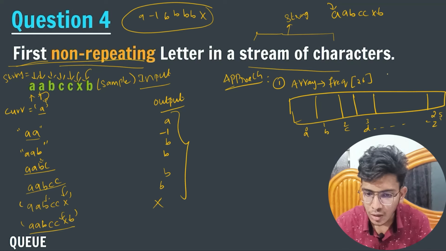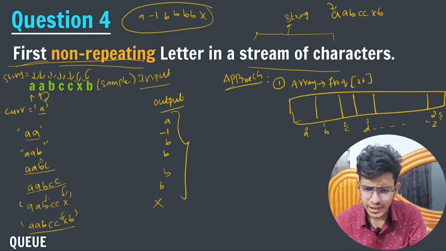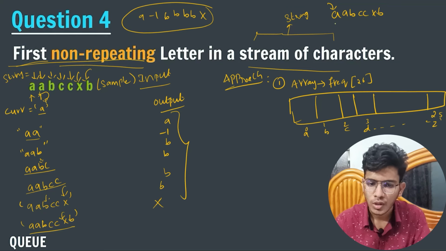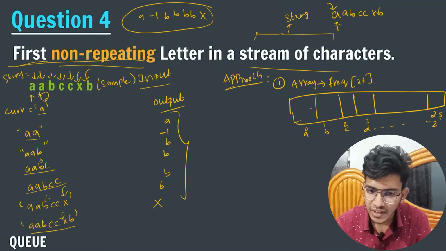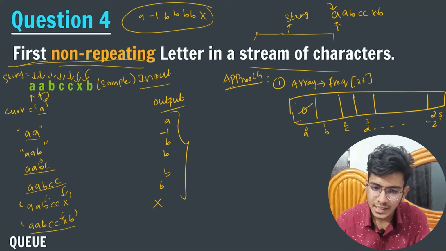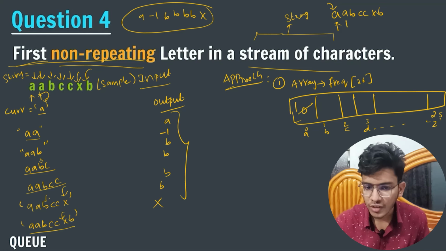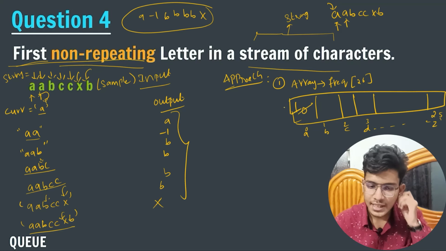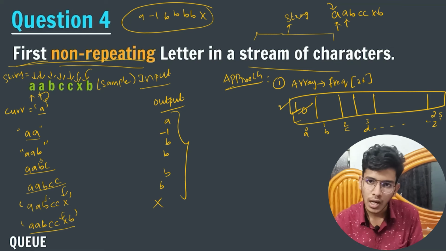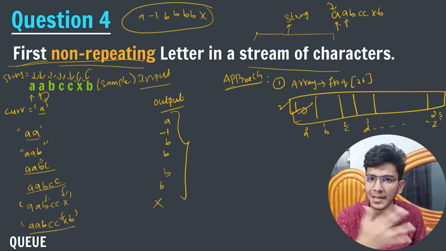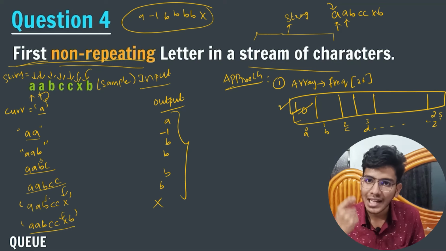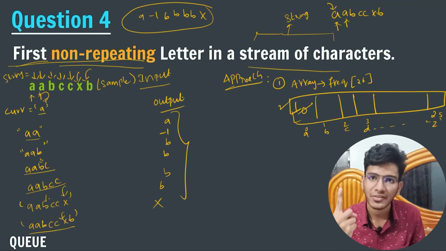So count is equal to frequency of A, which is initially 0. As I iterate, this is my first occurrence, so I will change that value from 0 to 1. After that, I will iterate again and change the value to 2. So this is how I will increment: as I iterate, for that particular character, I will increase the occurrence of that character.